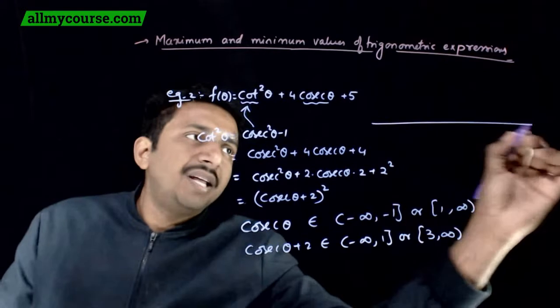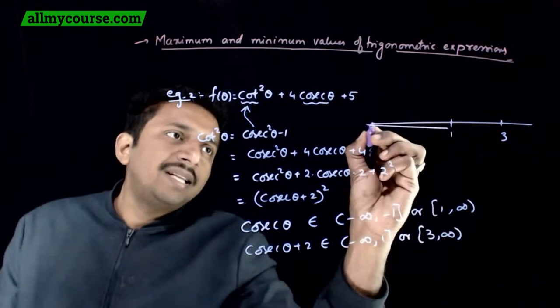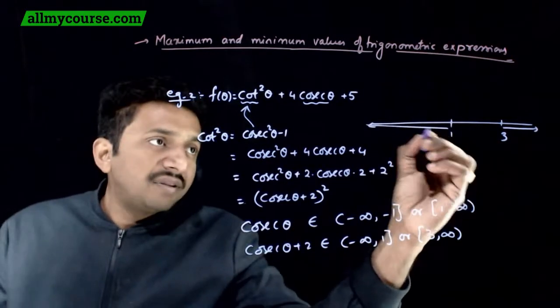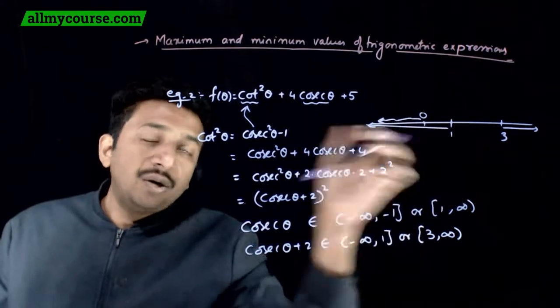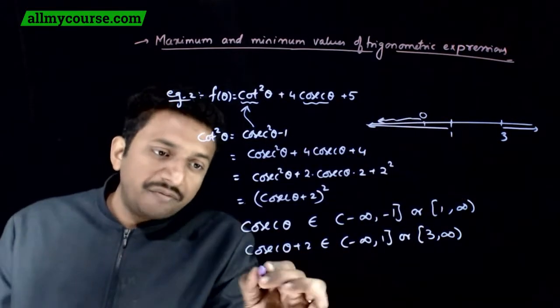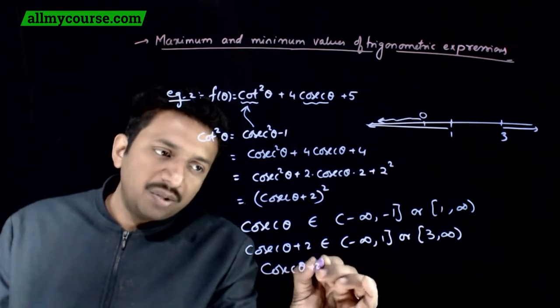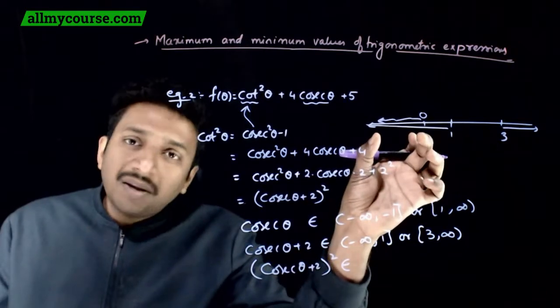That is, if you take the real number line, you have 1 and 3, so it either lies here or from 3 to infinity. You have a 0 somewhere here. So all the negative numbers are covered and 0 to 1 is also covered. Now if you square this term, cosecant theta plus 2 whole square, obviously all the negative numbers are covered.